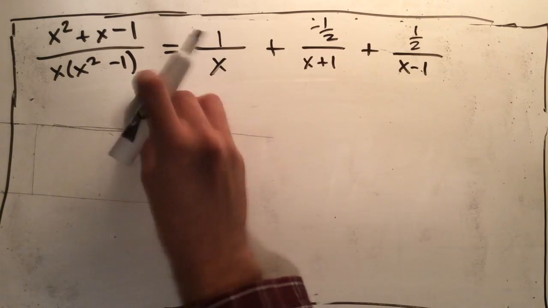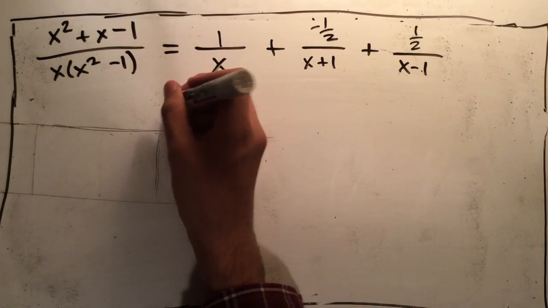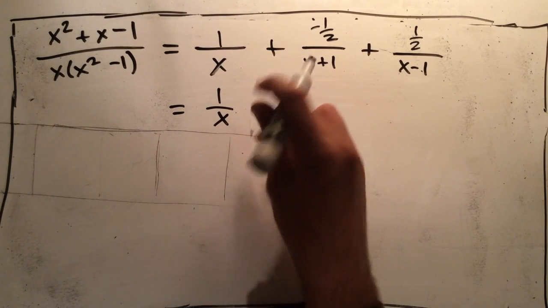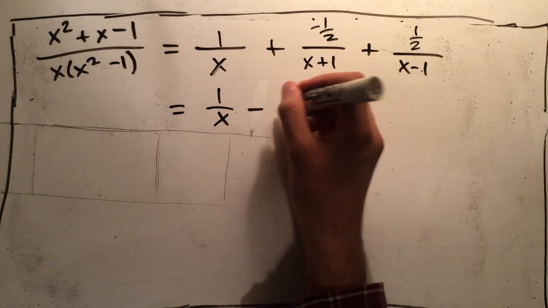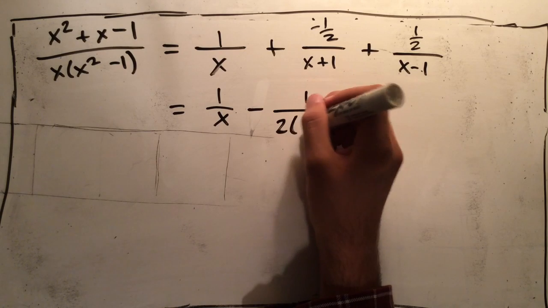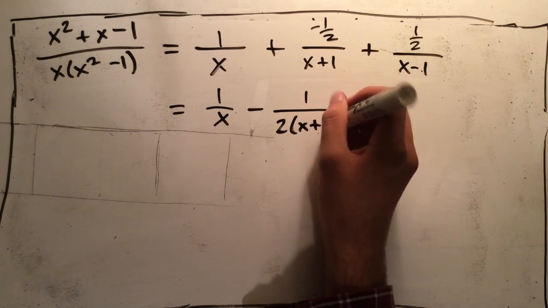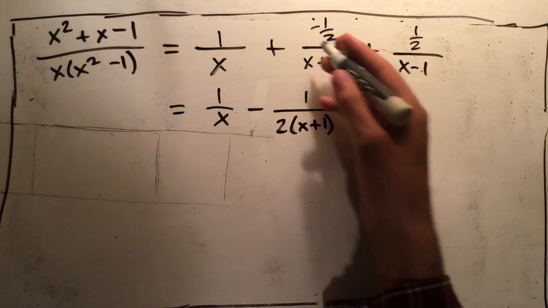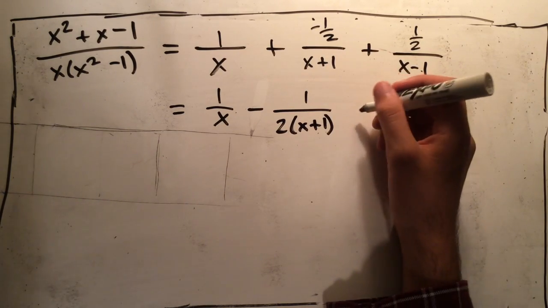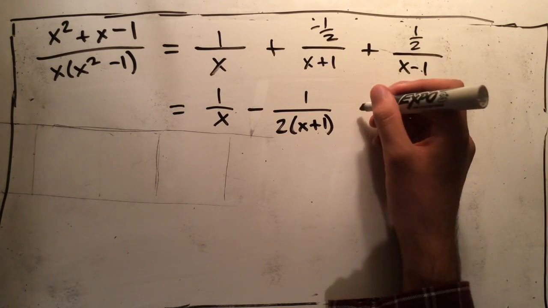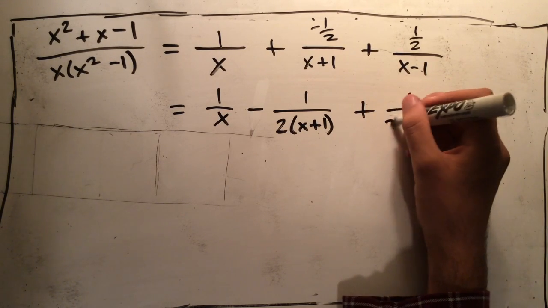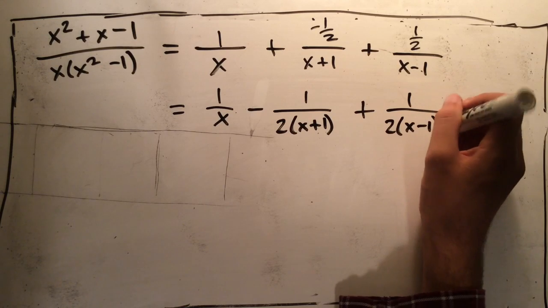So I could erase these, and then to simplify, we would have 1 over x minus 1 all over 2 times x plus 1. That 1/2 moves to the bottom if you know how to move the fractions when a fraction is divided by a fraction. And then plus 1 over 2 times x minus 1.